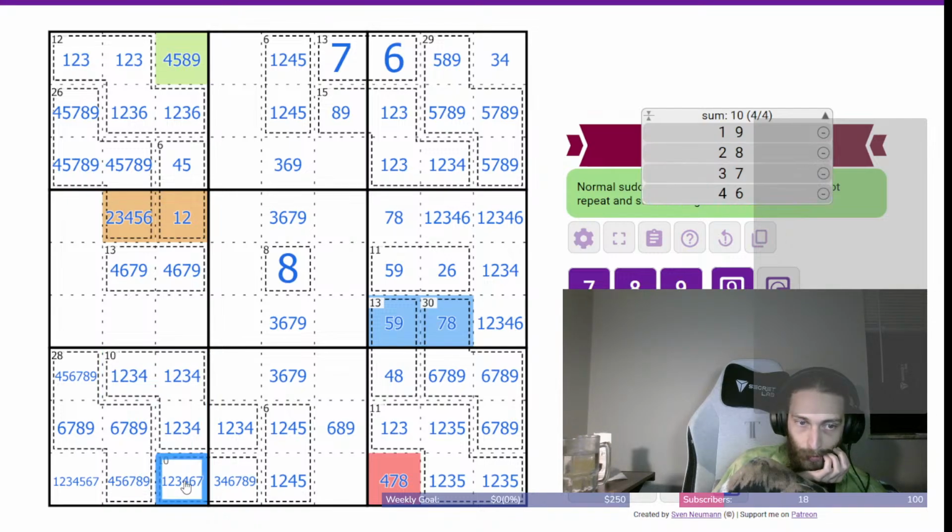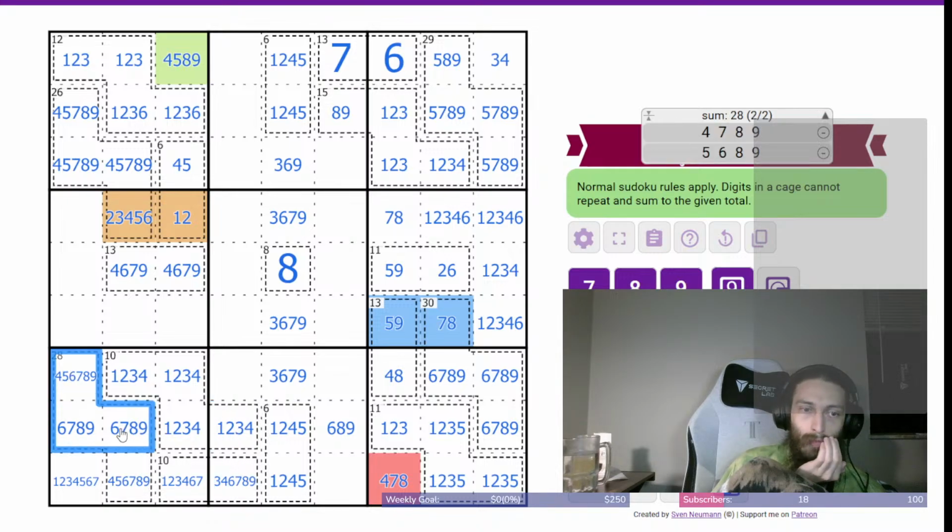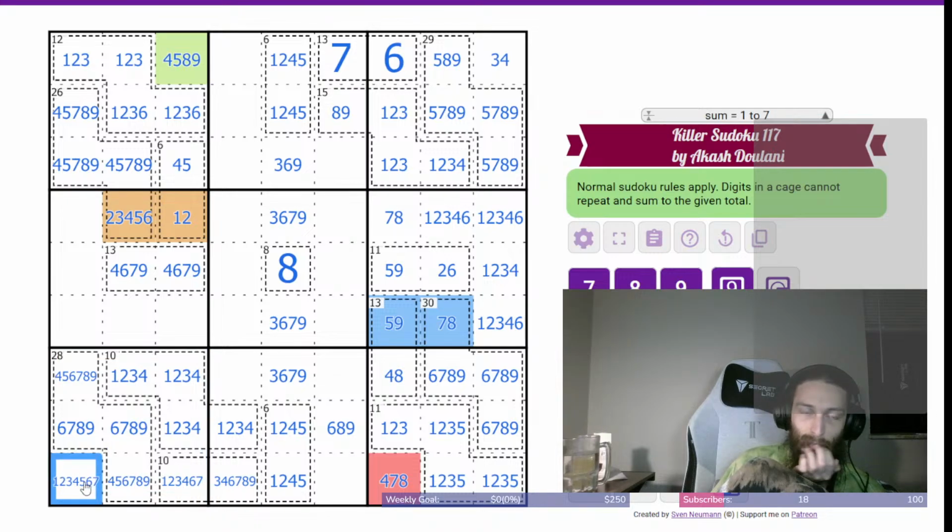So that would be a 4 or a 6. And that would have to be a 5. And then those would have to be 8, which would be a pair of 4s. So this cannot be 4, 7 then, because the only place a 5 could go would be here.